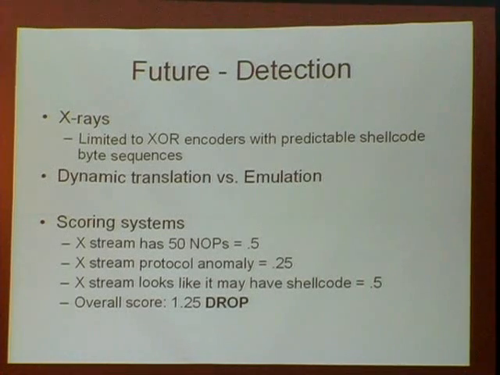So now that we've defeated all these polymorphic shellcode encoders, what's the future of detection? I'm going to skip over X-rays because I'm sort of running low on time, and emulation. Well, I may get back to that, but dynamic translation. Dynamic translation is essentially where a single program can understand assembly code, and what it does is it just follows the assembly code in a packet.